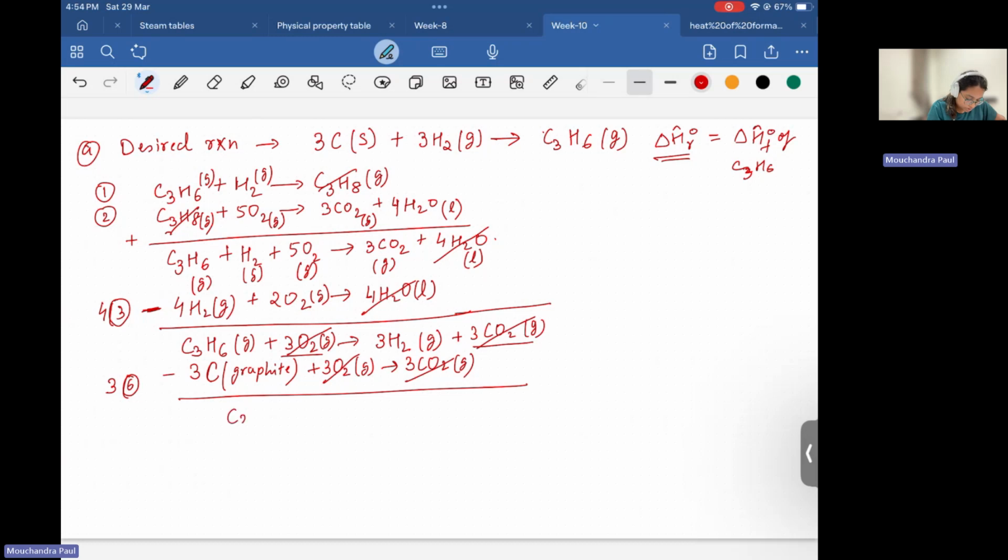And what we get is C3H6 gives 3H2 gas plus 3 carbon graphite. Now, this is a reaction expression which breaks down propylene, right? So we have to reverse it.